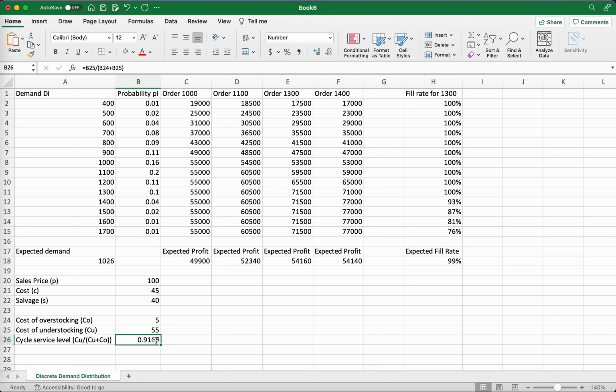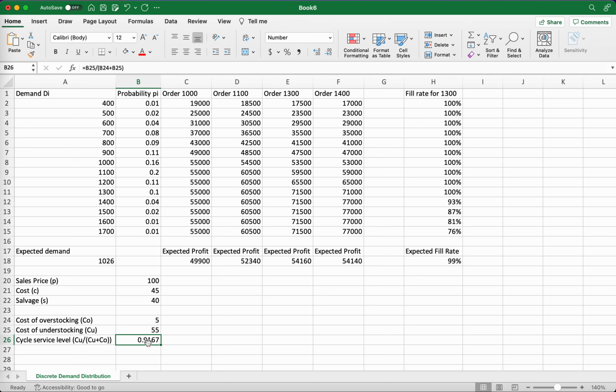Now, how do I figure out that my optimal order quantity is 1300 given that my cycle service level is 91.67%? Your cycle service level is 91.67%, which means that you will be able to satisfy about 91.67% of customer demand.